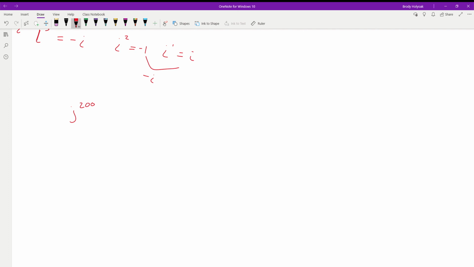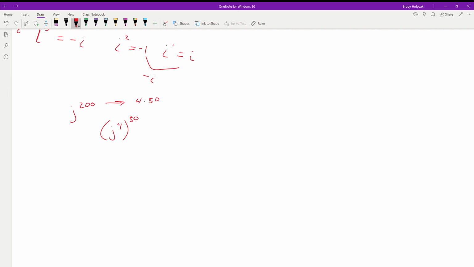The rule is, we need to convert to a known power so that we can simplify it. So if we look at this, 200 is 4 times 50, right? And this is going to turn into j to the 4th raised to the power of 50.